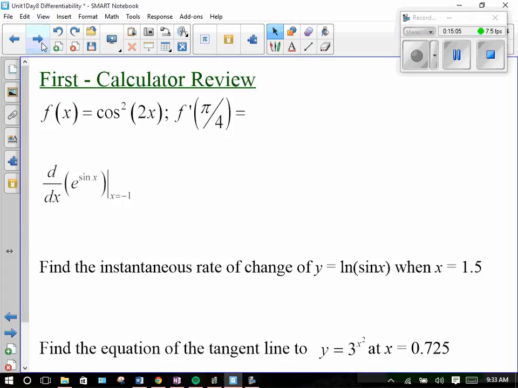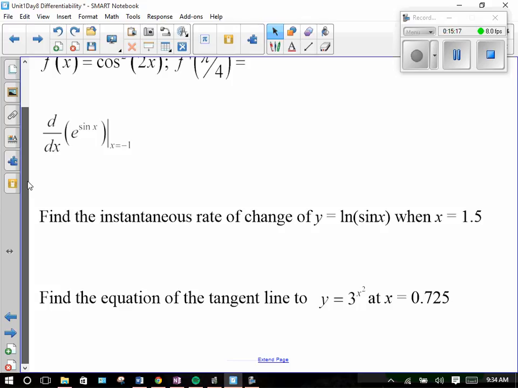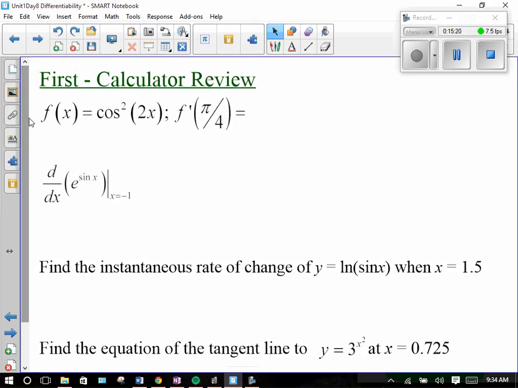What I want to do right now is have you try to calculate these first derivatives using your calculator. So you're not doing this by hand. I want you to use your calculator to find what the first derivative value is for this function at pi over 4.